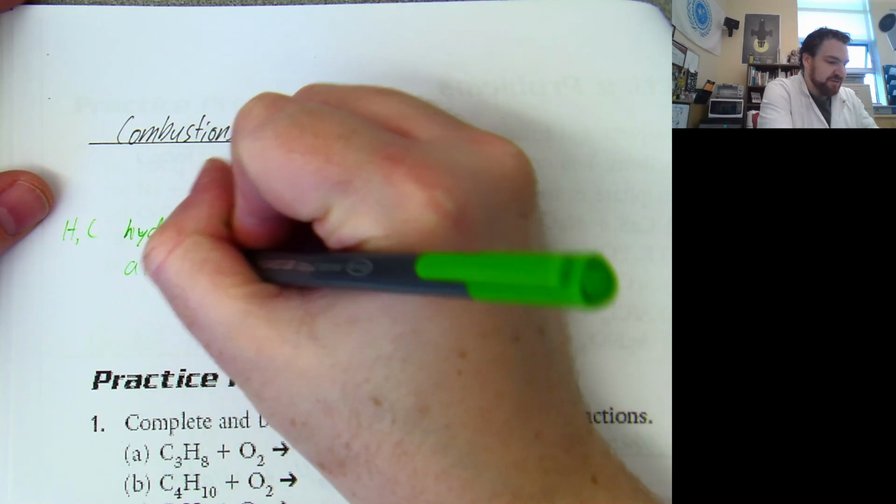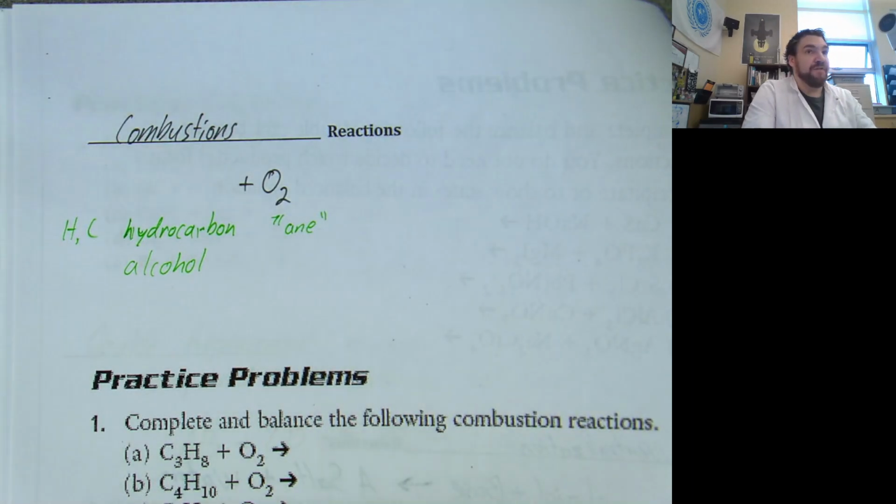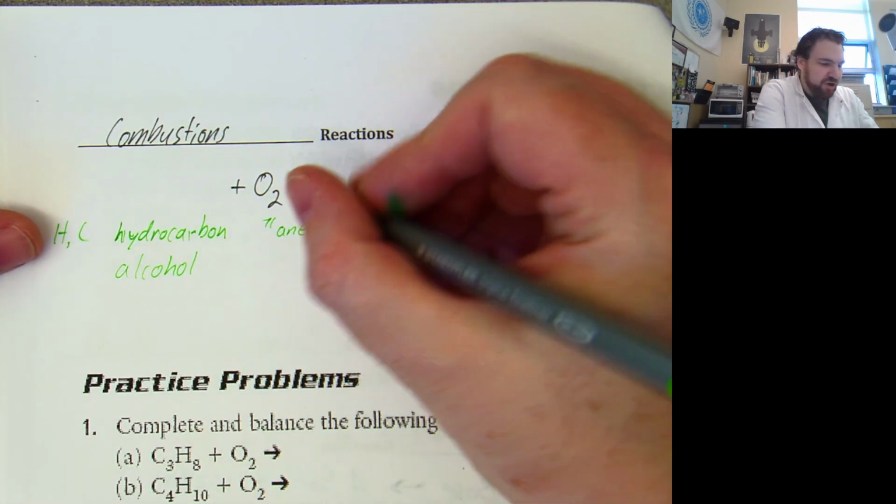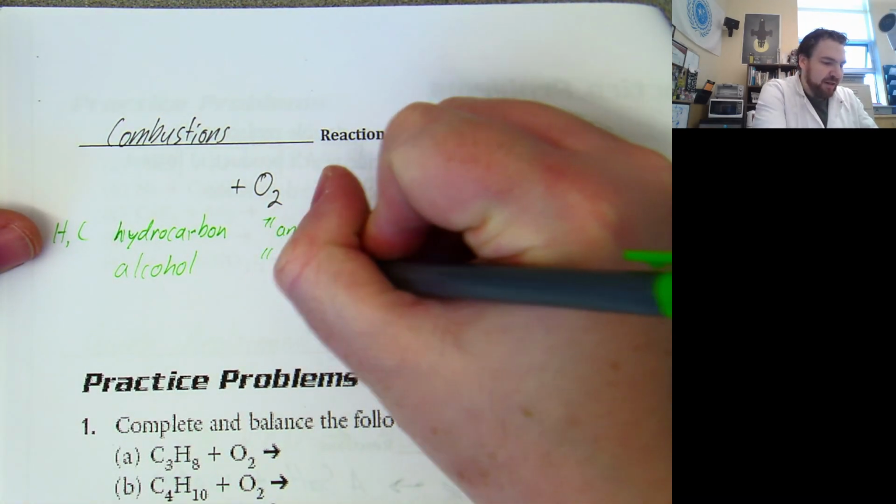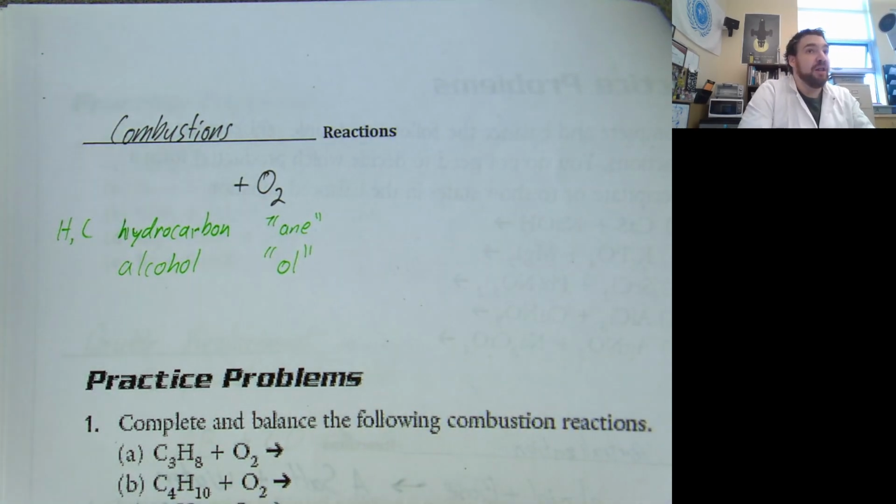So alcohols also are involved in combustion reactions. Ethanol is an ingredient in what you would call gas for your car. And alcohols all end in OL. So methanol, which I'm going to show you today, is an alcohol. You don't want to drink it, though people used to try.